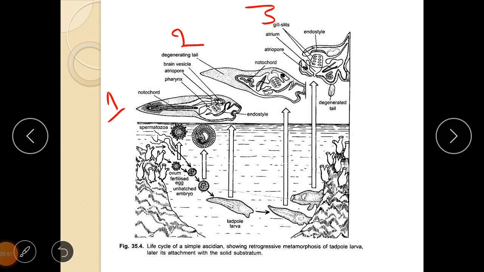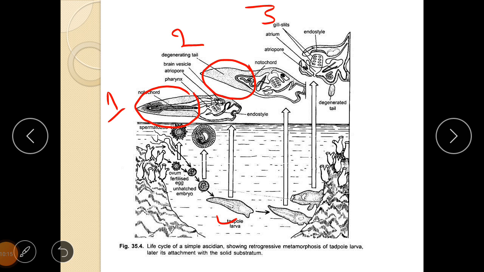If you see the larva of Ascidia, almost 70 to 80% of their body is tail portion. You could see how the tail is reducing here, and if you see the adult, there is no tail at all, right?